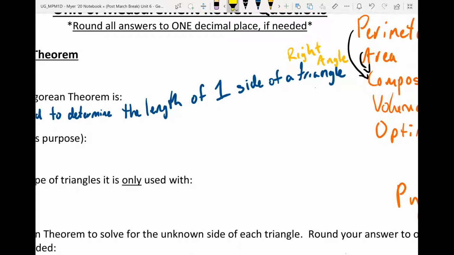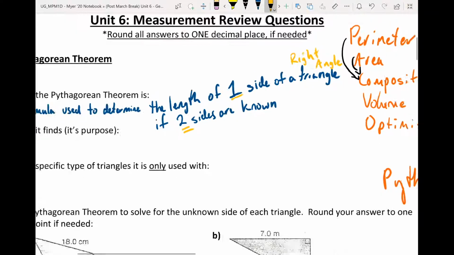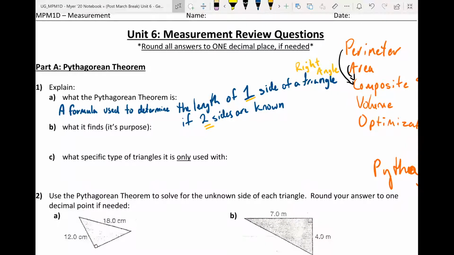So that's critical here. A right angle triangle if two sides are known. We have to know two other sides to be able to find the one side, and it only works on a right angle triangle.